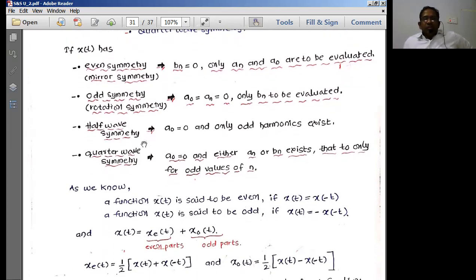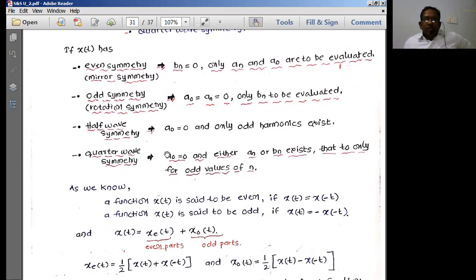The next one is odd symmetry, also known as rotation symmetry. In the case of odd symmetry, an is equal to 0 and a0 is also equal to 0. Only bn needs to be evaluated for the rotational symmetry.